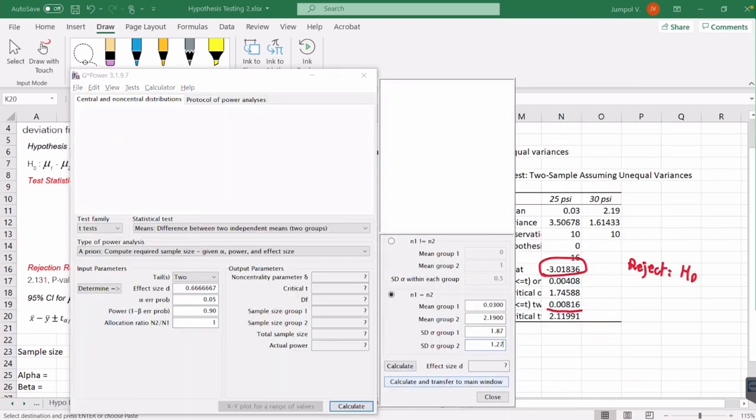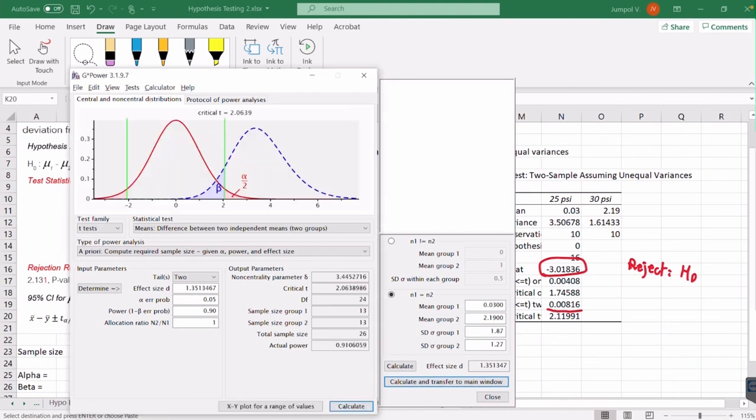So we can calculate and transfer to the main window. Our effect size D is 1.35, and if we hit calculate, the total sample size that we need is 26, and the sample size for group 1 is 13, sample size for group 2 is also 13. Okay, so this is how we calculate the sample size for two population tests.